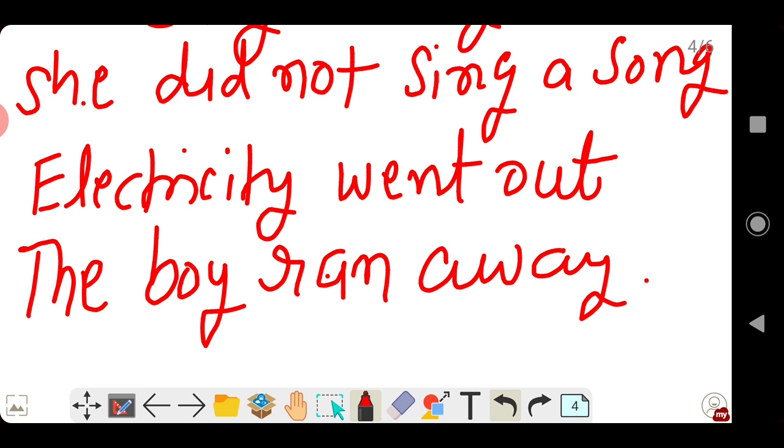In present perfect continuous tense we discuss past actions that have been completed, and in past indefinite tense it is almost the same. Here also we discuss past actions that were completed in the past.